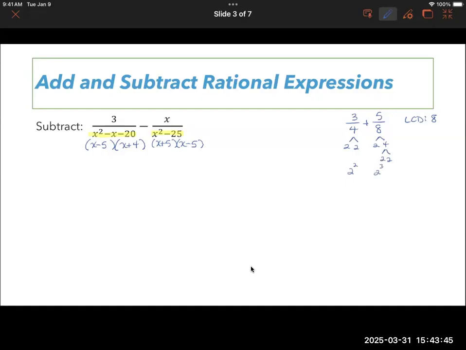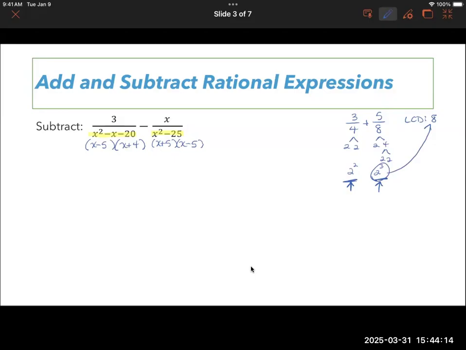When we're trying to find the least common multiple of these two, we choose between the two denominators how many of each factor we're going to use, and we choose the one that uses it the most. So here we have a choice between using 2 twice or using 2 three times. We would choose the 3 times to get our 8.